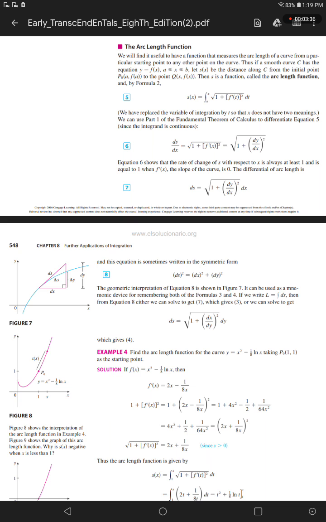Thus, if a smooth curve C has the equation y = f(x), a ≤ x ≤ b, let s(x) be the distance along C from the initial point P₀(a, f(a)) to the point Q(x, f(x)).